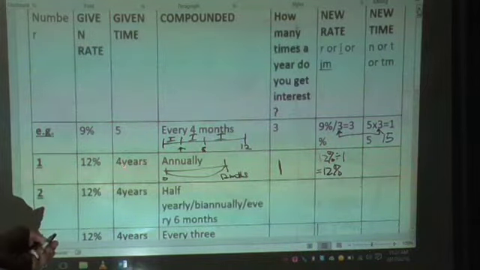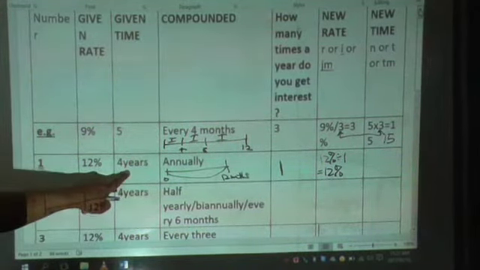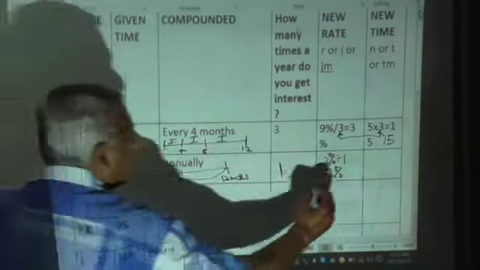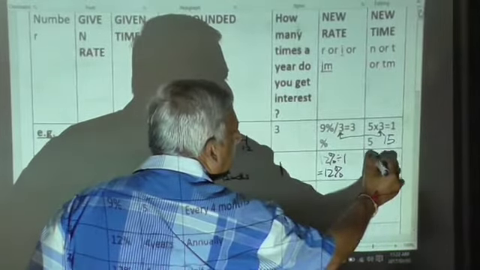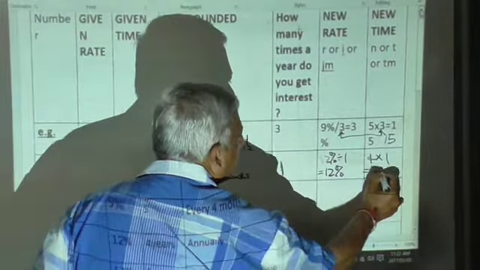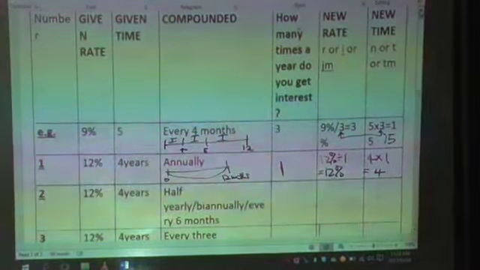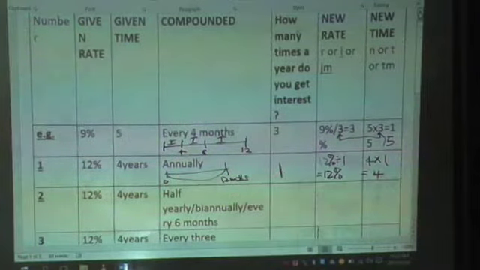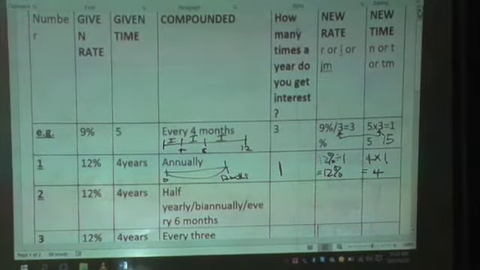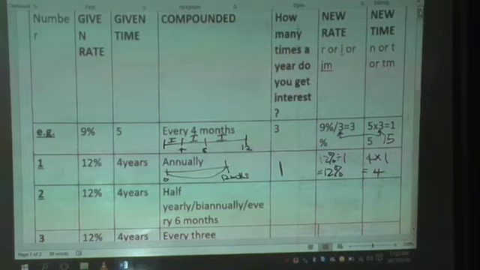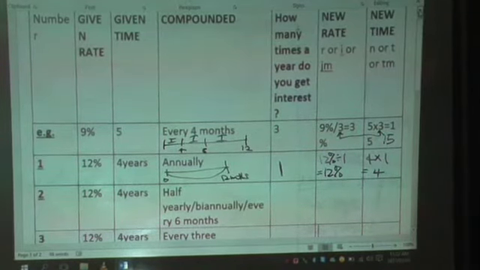The time is 4 years. We take the 4 and multiply it by 1, and the final answer is 4. So follow this carefully: if it's annually, it is 1. 12 divided by 1 is 12. 4 times 1 is 4. So you will use 12% and 4 in your formula.